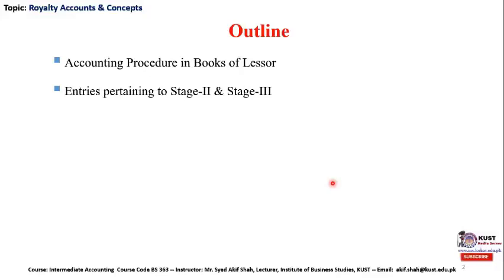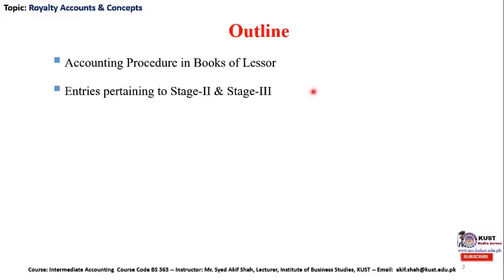And the other party is known as the lessee, who is going to take that specific right, patent or mine on lease from the landlord, and hence that party is supposed to pay the royalty fee for using that specific mine, patent rights, or the copyright for publishing the book.